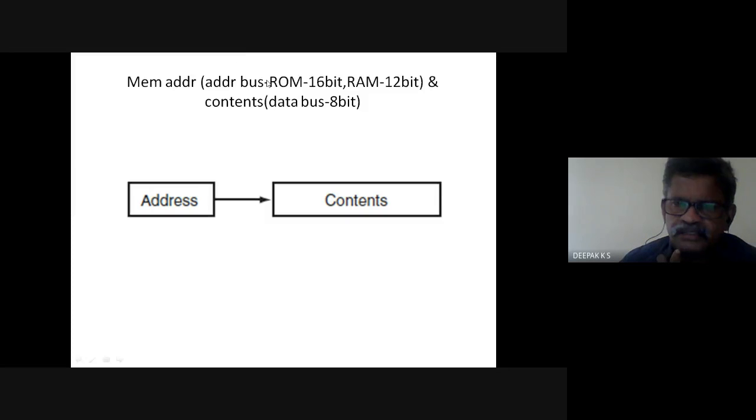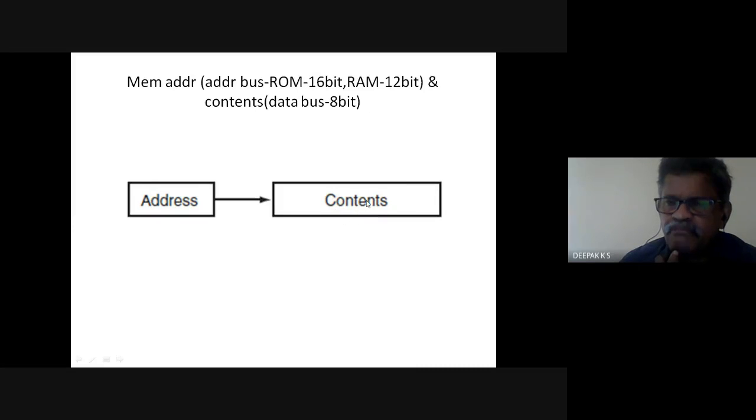So for code, the instruction could be 16 bits, and we have an address. For RAM, this is the address, and the content is different. The content for this RAM is 8 bits.